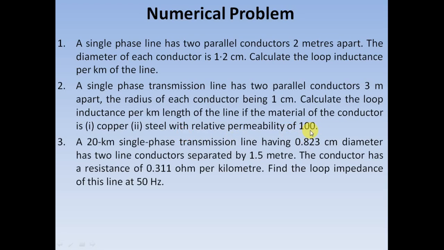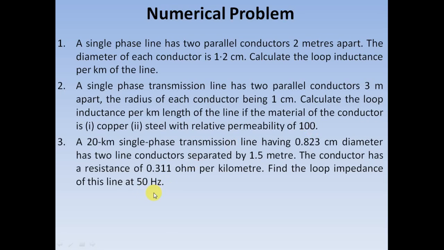So in case 2, the relation for inductance of the conductor gets modified into mu 0 by 2 pi into, instead of 1 by 4, you have to substitute mu r by 4 plus natural log of d by r. That is, the relation gets modified into mu 0 by 2 pi into mu r by 4 plus natural log of d by r. Thereafter, making the suitable substitutions, you will be able to find the answer.